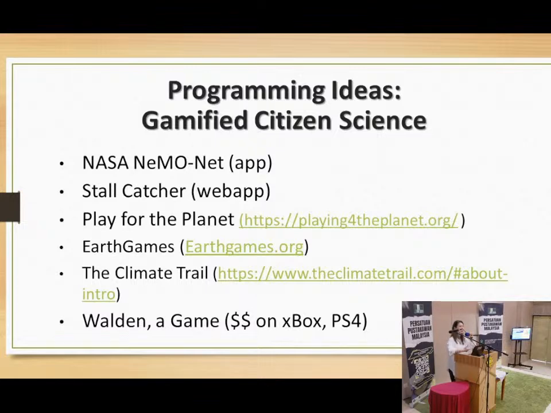So number one, the first one is NASA NemoNet. That is a citizen science project created by NASA to ask all of us to help them classify all the coral reefs, coral data they have collected over I don't know how many decades, from their satellites and underwater devices. If you download that app, it's actually fun and it does not require you to register, I believe.